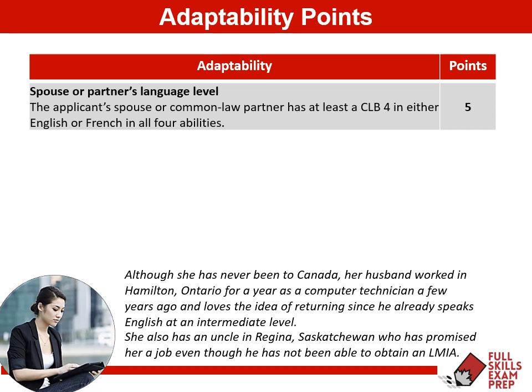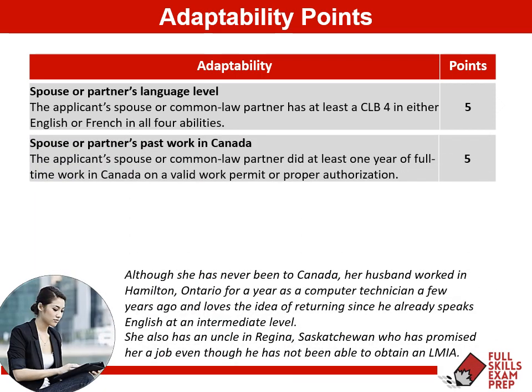So he would help her get 5 points in terms of adaptability. Now his work experience in Hamilton also helps because it was 1 year. There's no mention of it being illegal work or anything like that, so we wouldn't really assume that. And we can see that that is 5 points as well.